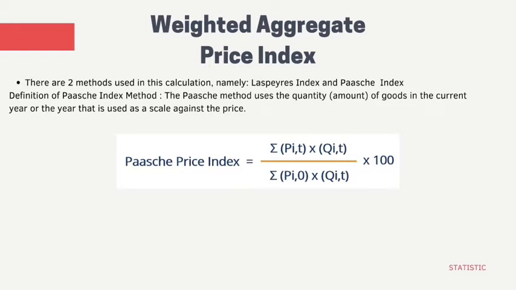The Paasche price index formula equals sigma of (P sub i,t) times (Q sub i,t) divided by sigma of (P sub i,0) times (Q sub i,t), times 100.